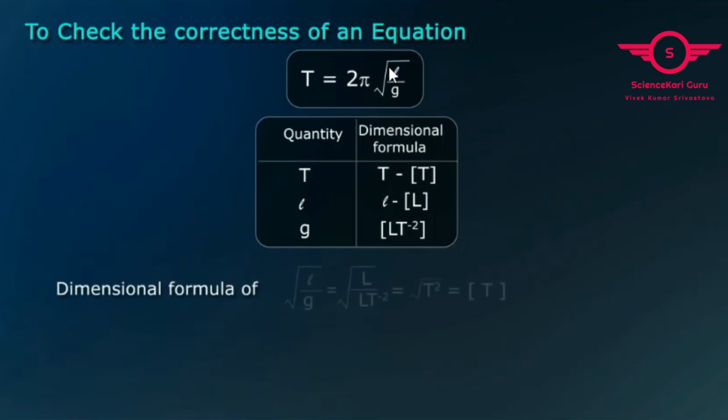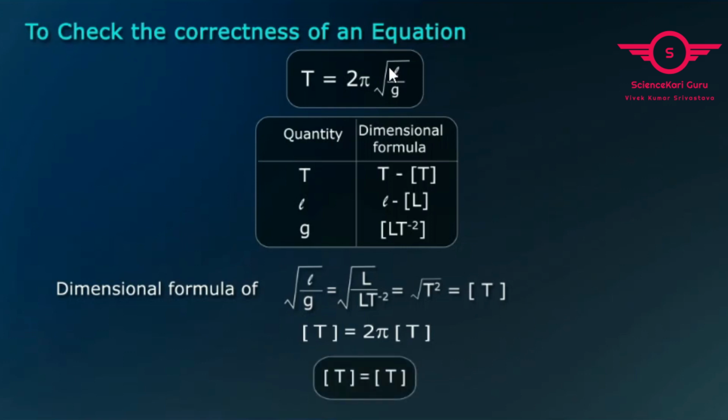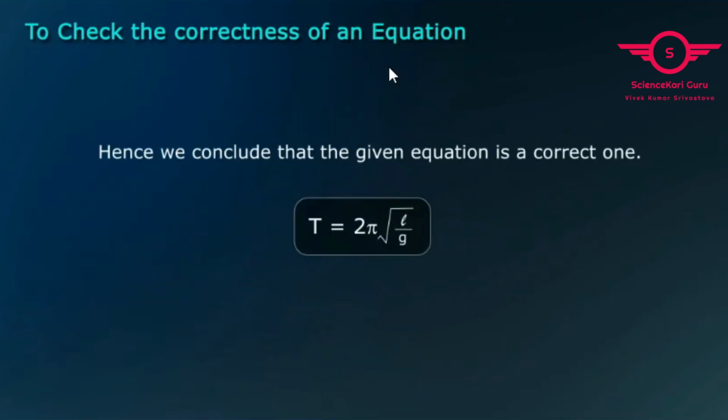Therefore, dimensional formula of square root of L by g is equal to square root of L by LT power minus 2 is equal to square root of T square is equal to T. Dimensional formula of left hand side is also T. As 2 pi is a dimensionless quantity, the dimensional formula of left hand side of the equation is equal to dimensional formula of right hand side. Hence, we conclude that the given equation is a correct one.